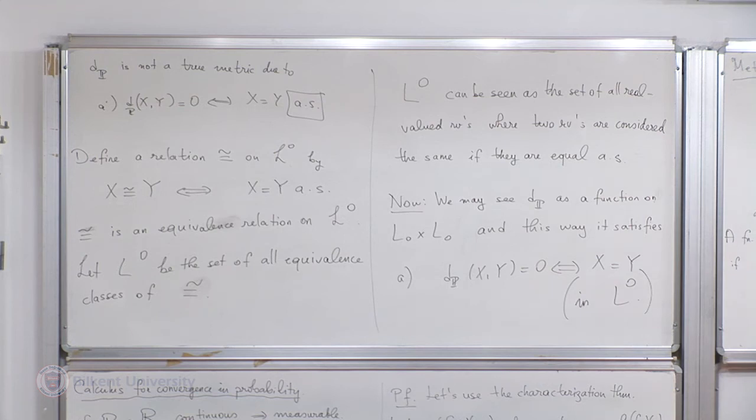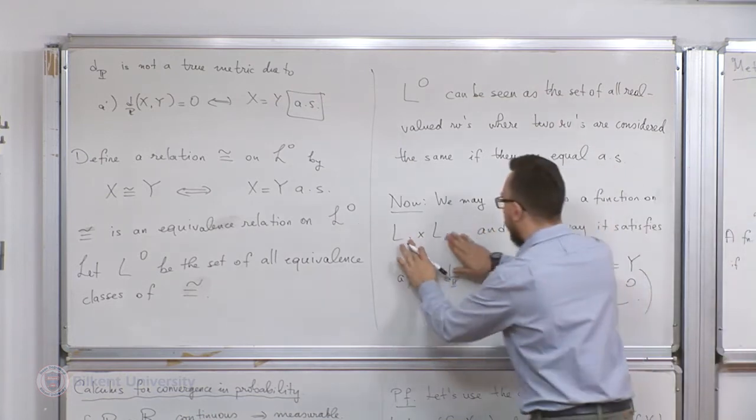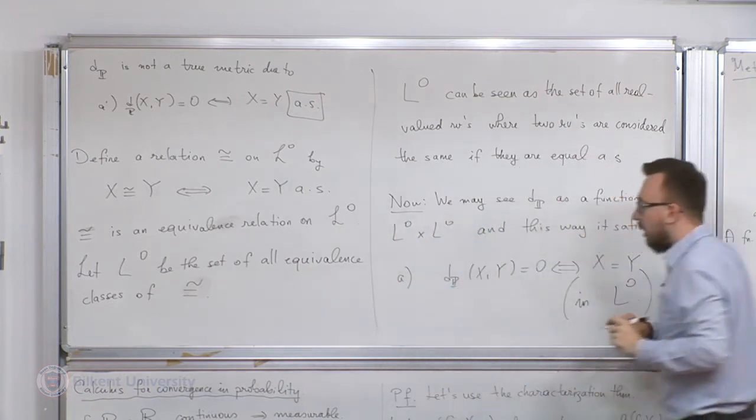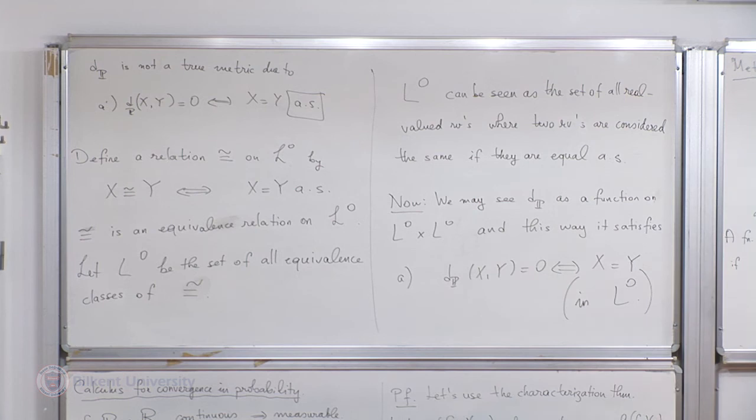Okay? So now, in this new space, things are identified up to almost sure equality. So two random variables are equal if they're equal almost surely.